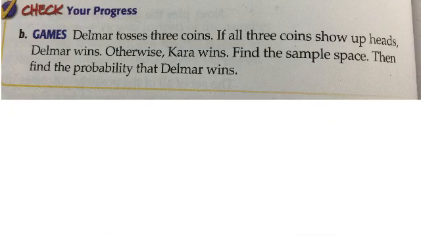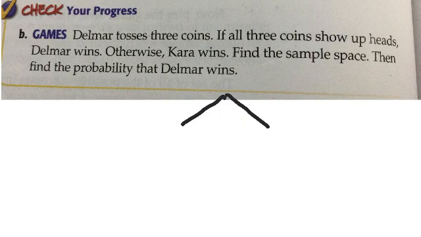I don't know if this is right, but, well, that's okay. I put where you start and put 2 lines down. 2 choices, okay. And I put Delmar and Clara. Why'd you put Delmar and Cara?